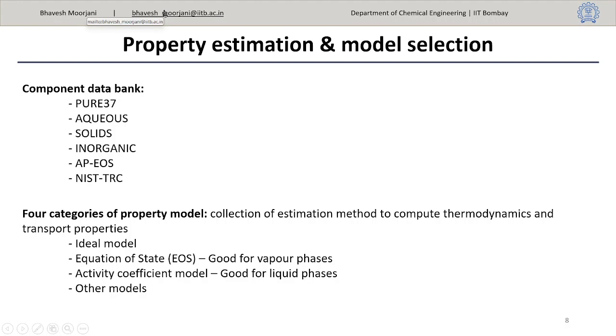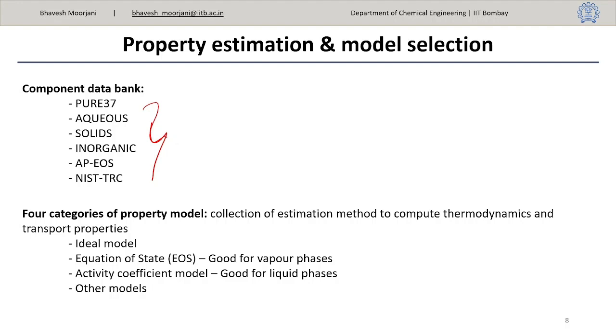If you go into Aspen Plus, there are six component data banks loaded by default. Apart from that, there are other component data banks which contain property data for various compounds. We will go into the details of that.